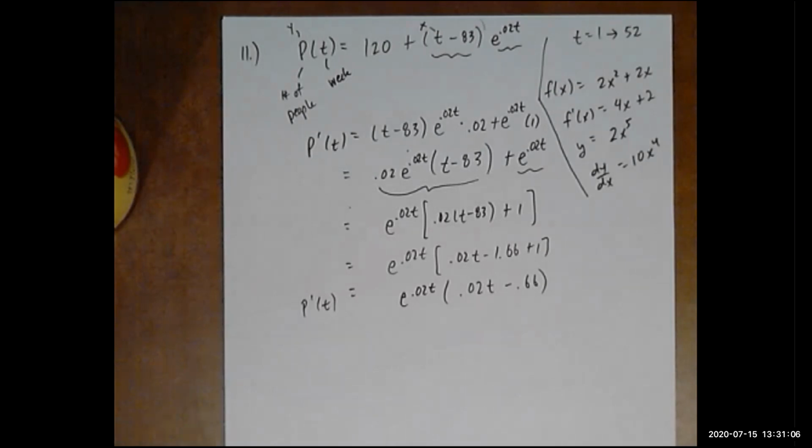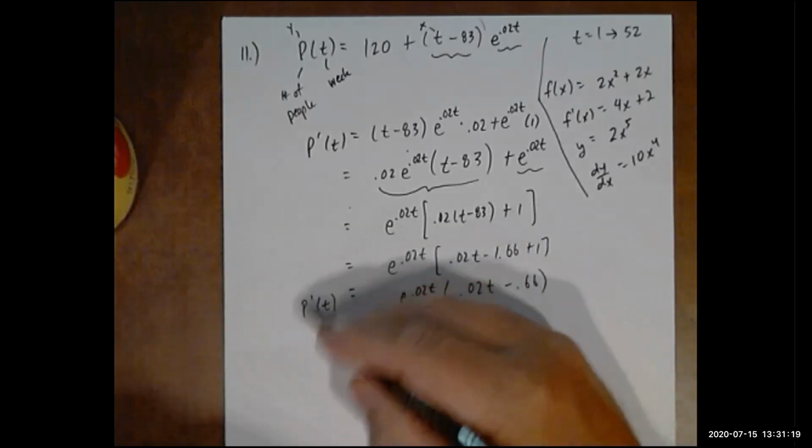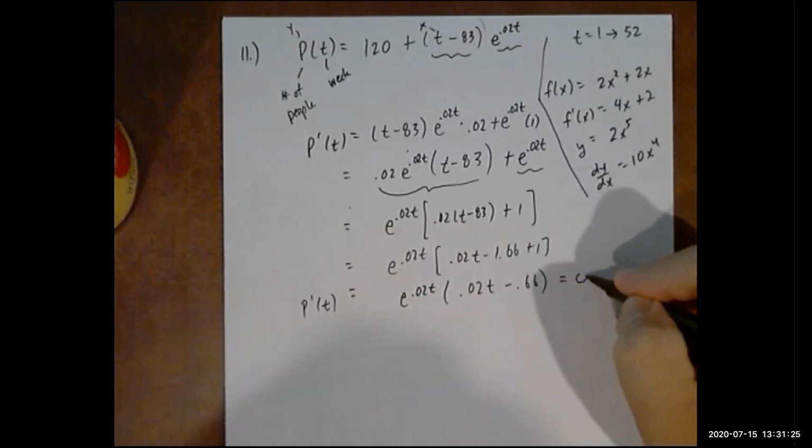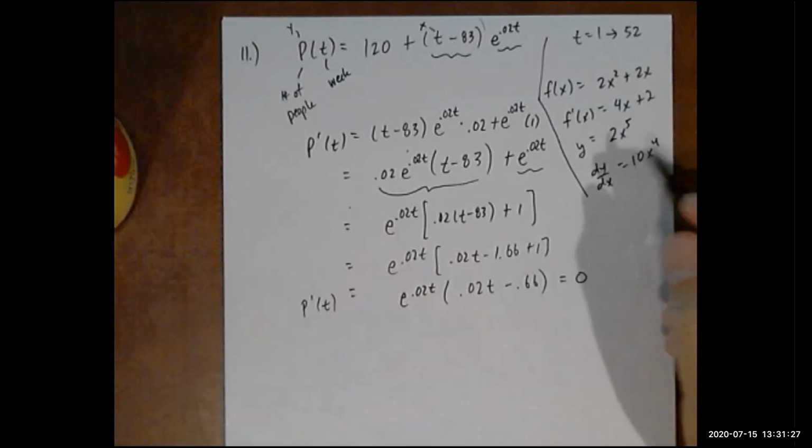Now, if I want to find the regions of increase or decrease, then I have to go find the critical points. Critical points meaning if there are any maximums or minimums. So how do we determine maximums and minimums? You take the first derivative, which is right here, and you set it equal to 0, and you solve this equation.